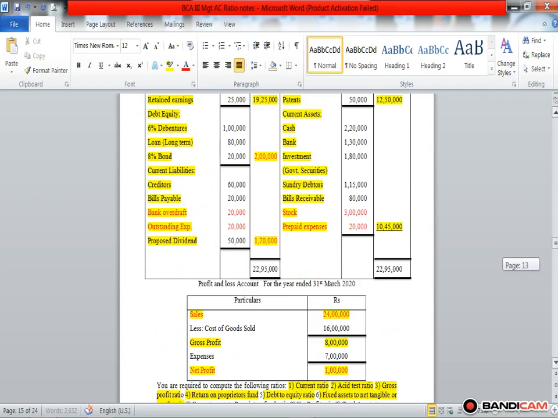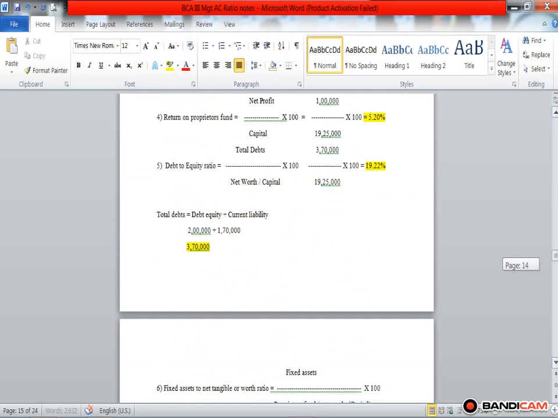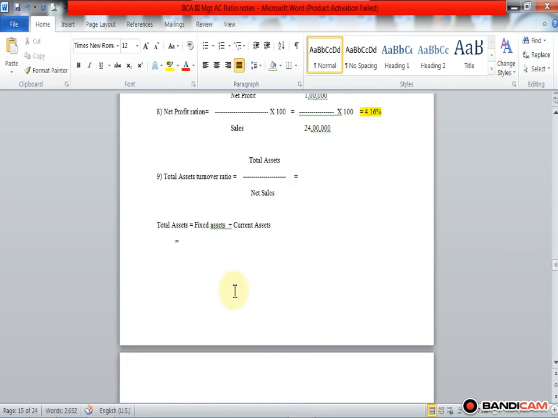Okay, 12 lakh 50 thousand plus 10 lakh 45 thousand is equal to 22 lakh 95,000.